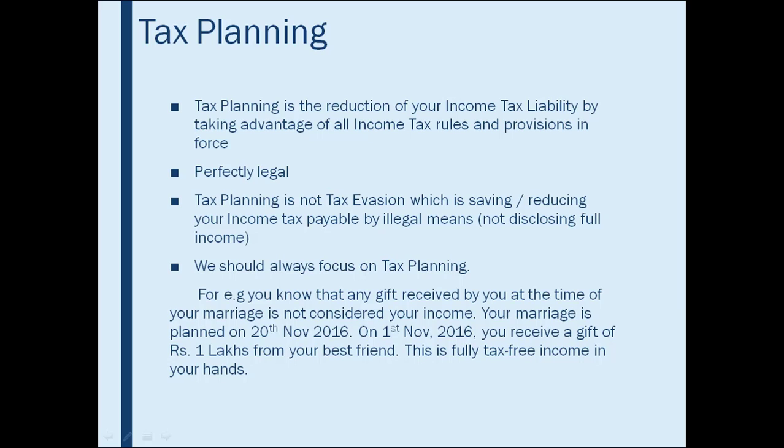But only in case of marriage there is a special provision that you can receive this gift, so no problem. Suppose there is some friend who gives you this gift, but he has to give this gift before your marriage and near about your marriage, then only it will become tax free.